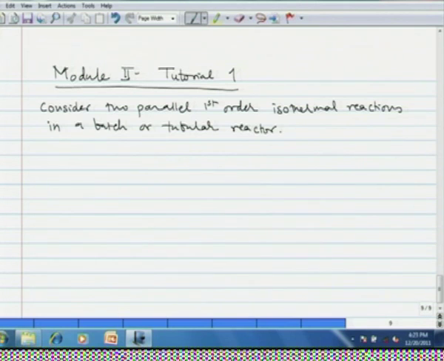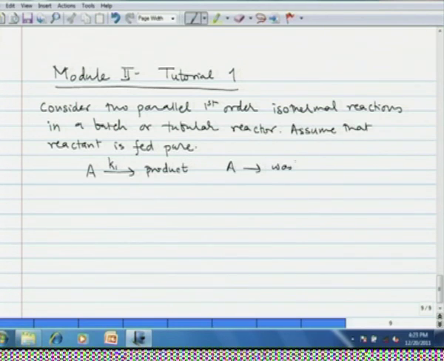And we assume that the reactant that is fed is pure. The reactions are A goes to product, the desired product, and A goes to waste, the undesired product. The rate constants are K1 and K2, okay.